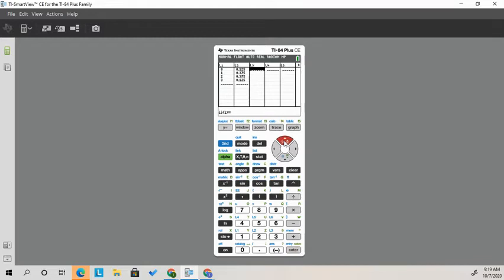And then at the top of list 3, your formula is parenthesis, and then we always do L1 minus the mean, which was 1.5, parenthesis, squared, times L2. Okay, so that's how you get the variance. Parenthesis L1, which is your x's, minus the mean squared, times L2.